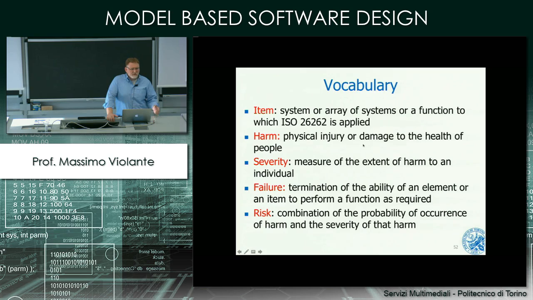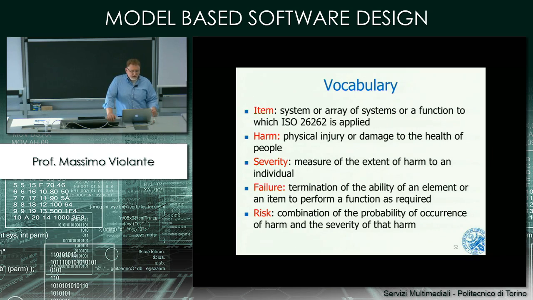The steering lock blocks while driving. We are driving at 80 kilometers per hour on a road with plenty of bends, so we are not able to follow the road. We go off-road, we hit a tree. Okay, so we get hurt. We have a harm there.